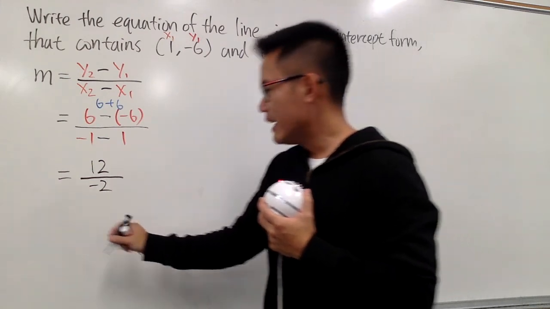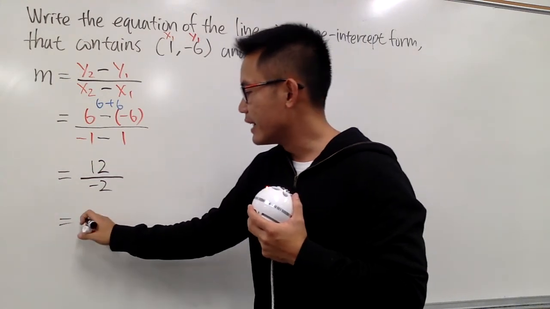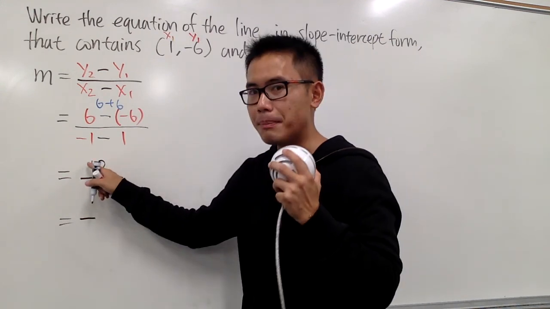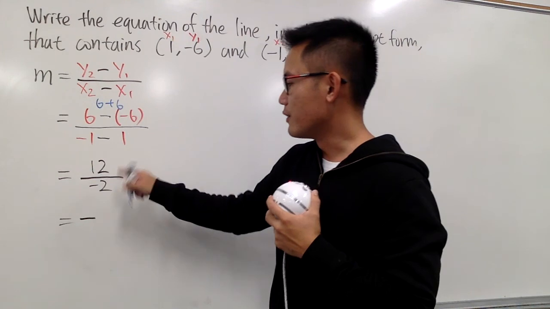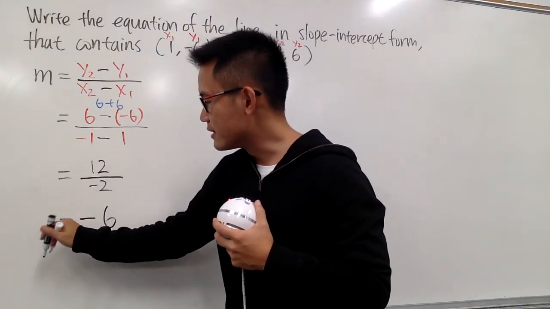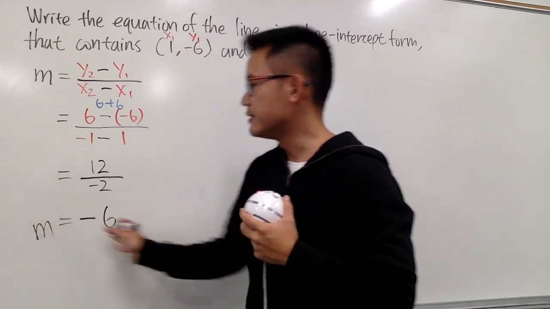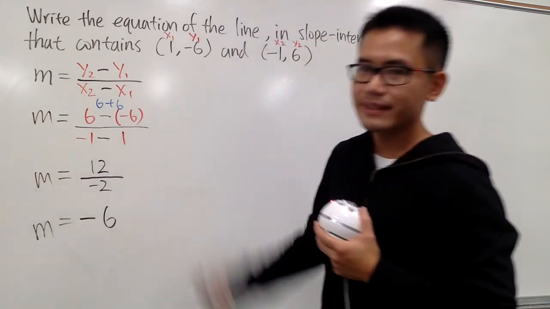At the end, 12 over -2, we get negative, once again because positive over negative is negative. 12 over 2 is 6, but altogether it's -6. And this right here is the slope, the m that we're going to use. I'm just going to write down the m like this.